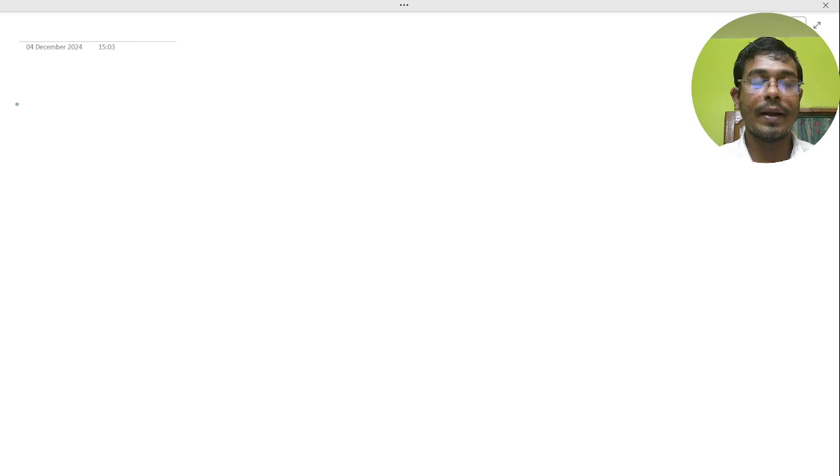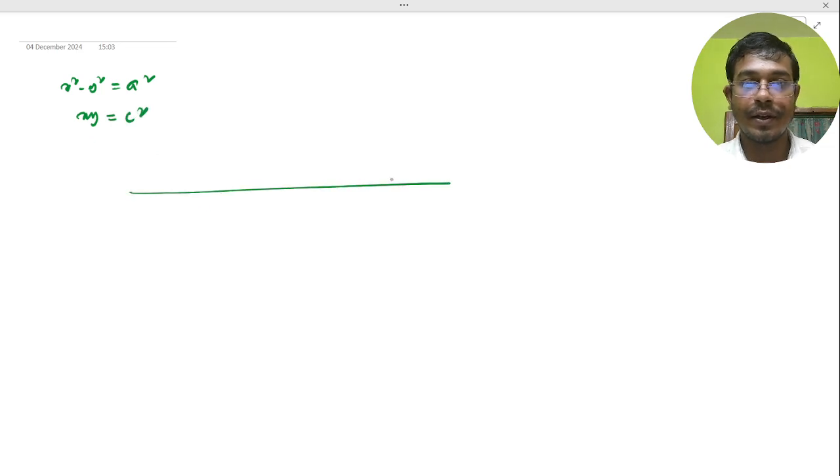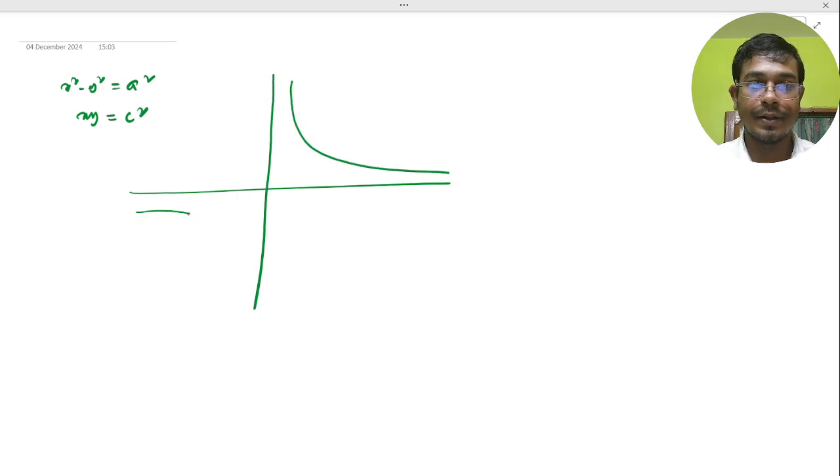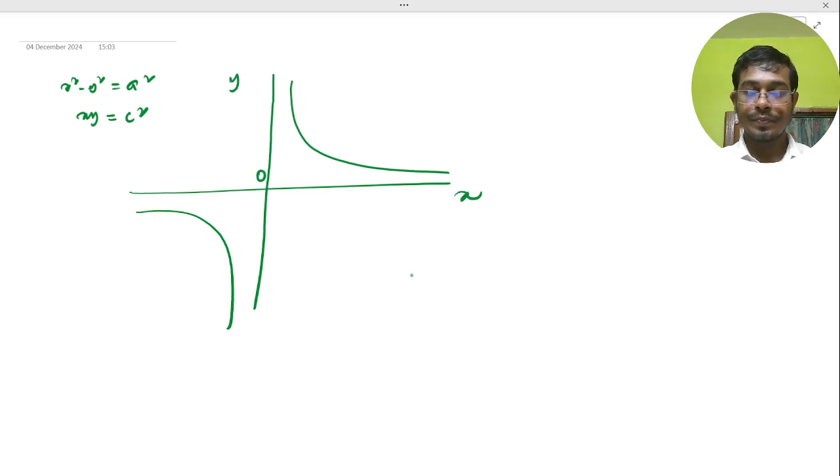You all know and are familiar with that. Here we just deduce the rectangular hyperbola, the equation x square minus y square equal to a square, and in the compact form, xy equal to c square, and the graph would look like this one and that one. This is the origin and x and y.